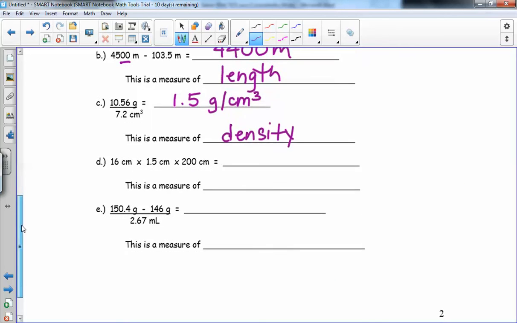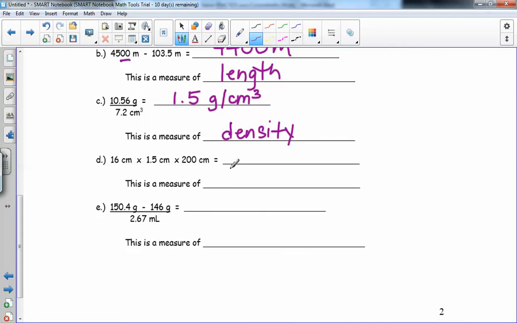Another multiplication problem now. We're just going to throw these in the calculator. Notice this number only has 1 significant figure, so your final answer should be rounded to 5,000 centimeters cubed, and this is another measure of volume.